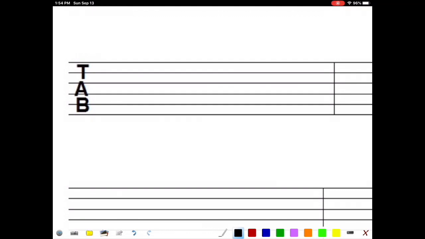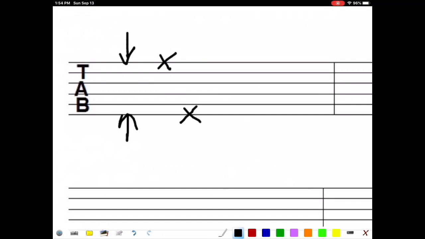We know that the top line is the first string and the bottom line is the sixth string. If I was to place something, in this case an X, it doesn't really matter for now, I could put anything there. That would tell me that I need to play the first string of my guitar. If I do the X here, that tells me I'm playing the sixth string.